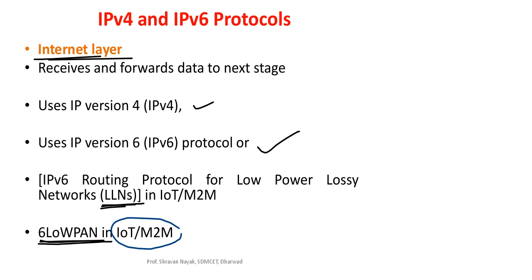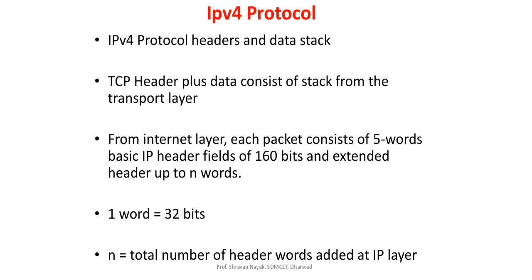First we will start from your version 4, IPv4 protocol. IPv4 protocol headers and data stack. We will see what exactly we can find in our version 4 as long as the communication protocols are concerned, right? And you can see here the TCP header plus data consists of data from the transportation layer, from the upper layer.